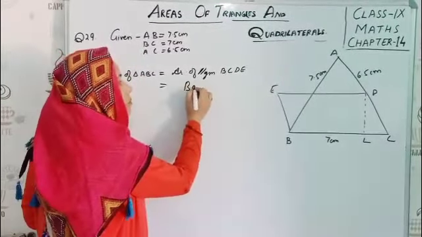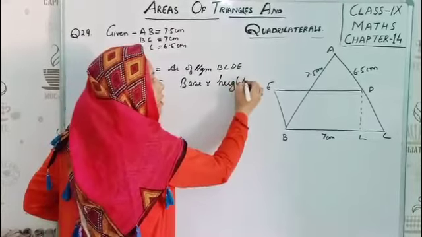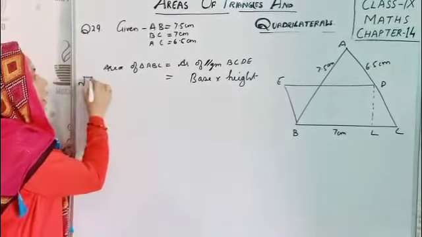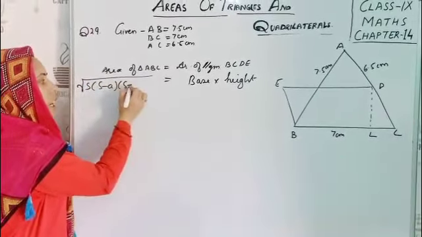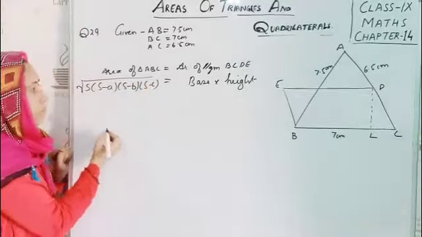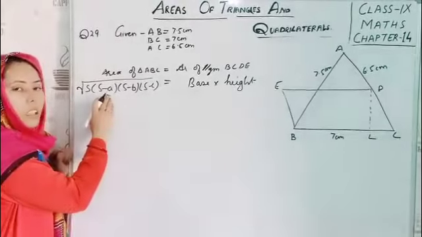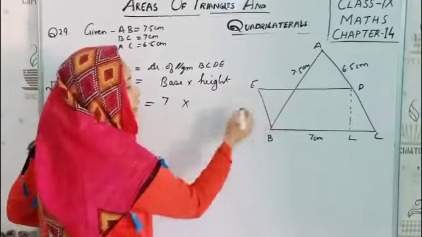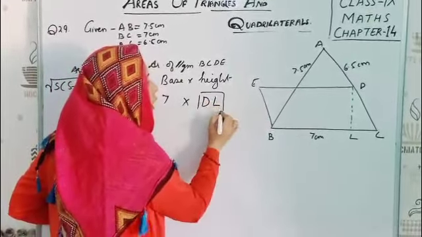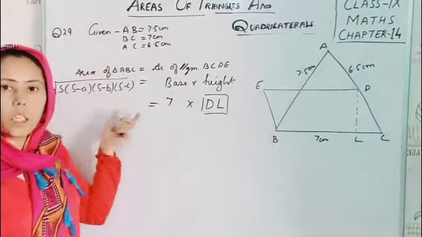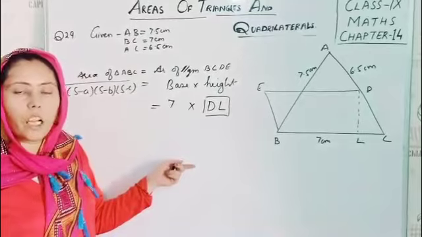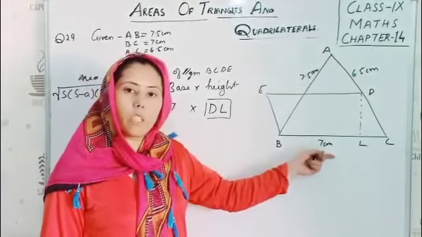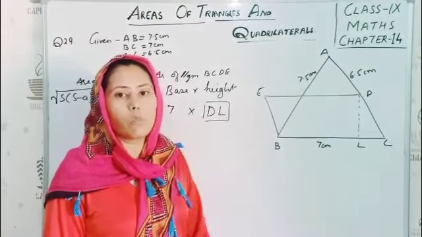And to calculate the area of triangle ABC, we will use Heron's formula, square root of s into s minus a, s minus b, and s minus c. First of all we will find s and then put the values of a, b, c here. Base is 7 and height is DL. You have to find DL, so find the area and then transpose to find it. And remember the unit of area is always square. If centimeter is here, the answer will come in centimeter square.